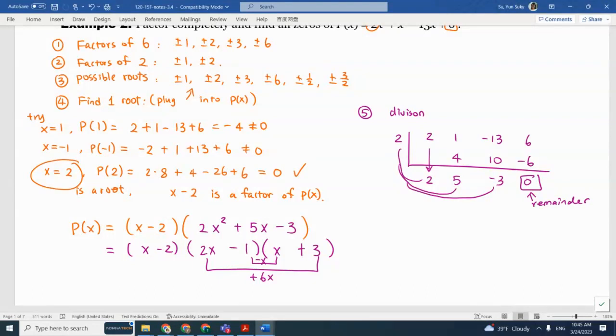But these two numbers you multiply, you get the constant term. So therefore, we cannot put the 6 here. If you put a 6 here, you get -6. You don't get -3. And if you put the 6 here, 2 times 6, you get 12. And then 12 minus 6, you get 11.